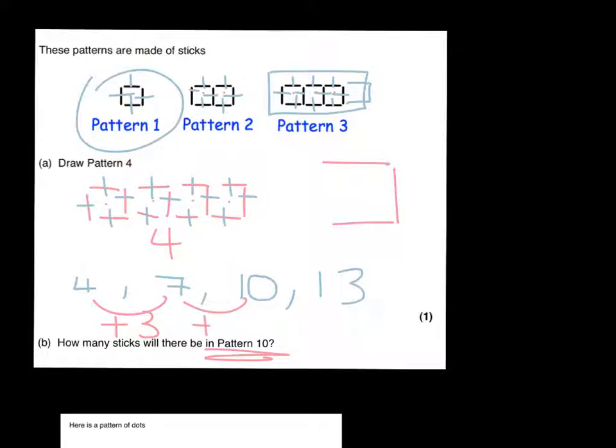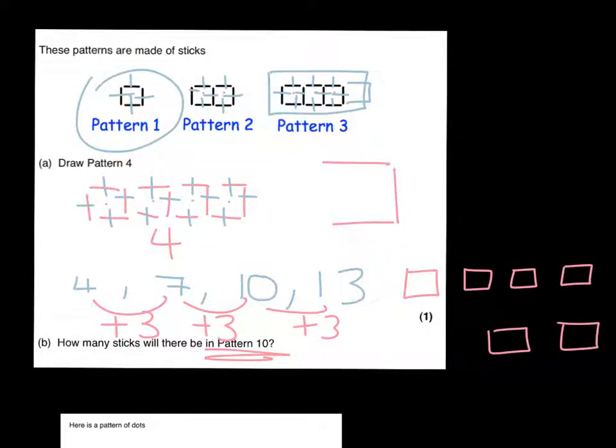Then you add another 3 sticks in to get your next pattern, and then another 3 sticks to get your next pattern. So we've got 1, 2, 3, 4 already. We want the 5th, 6th, 7th, 8th, 9th, then 10th to know how many sticks there'll be. And we just keep adding 3 patiently each time.